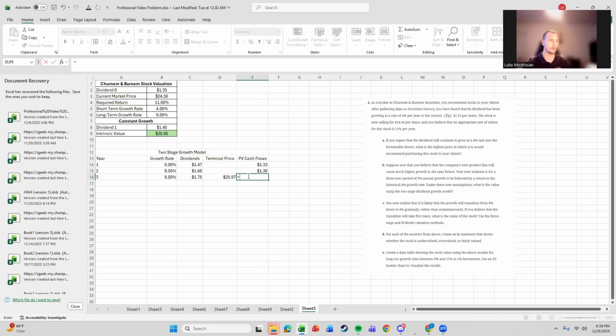Perfect. And then here it's just going to be this plus this. Put these in parentheses. And that's going to be divided by 1 plus the required return and to the power.